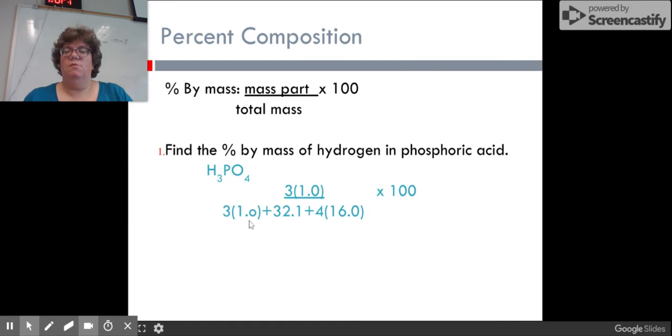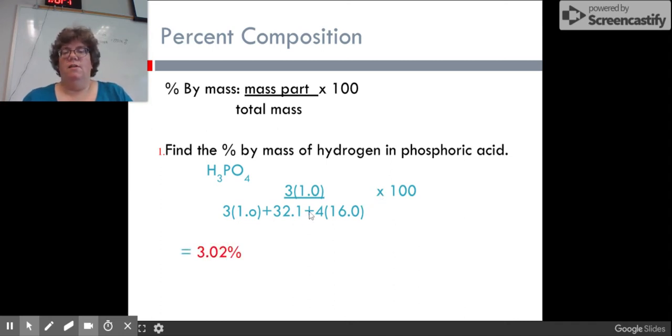So we have 3 times 1 for the hydrogen plus 32.1. If you look at phosphorus on a periodic table, that's its mass. And then 4, for this 4 right here, times 16 for oxygen. So we have the mass of the hydrogen divided by the mass of the total compound times 100 to give us a percent.